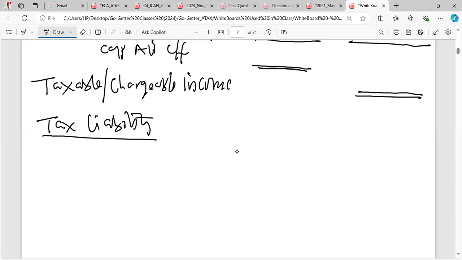So CIT at 20% of taxable income. Why are we using 20%?